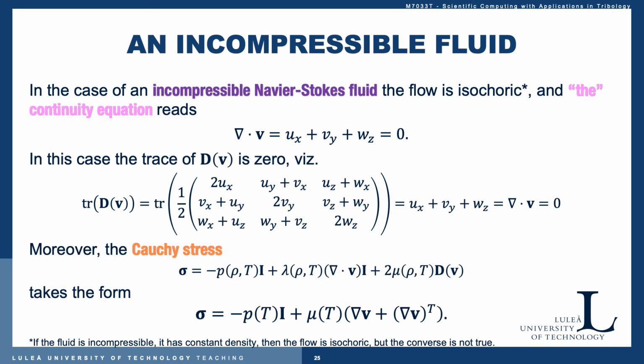So the Cauchy stress also reduces and takes the form on the bottom line here. So we have only one material parameter, one viscosity parameter, mu, left in the equation. And moreover, the pressure and the viscosity is of course no longer dependent on the density.